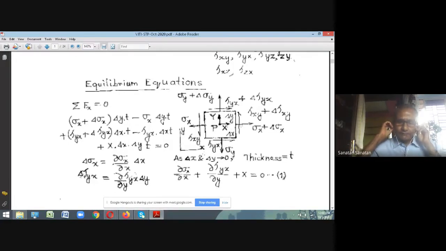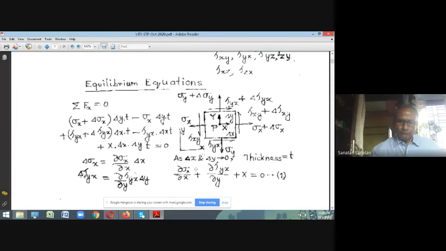So the stress intensity acting on the vertical face on the left hand side is sigma x, that's what we have written. And the shear stress intensity is also uniform, tau xy. Following the same rule, the stress acting on the bottom face, the negative y face, has intensity in the y direction sigma y, and shear stress intensity tau yx.